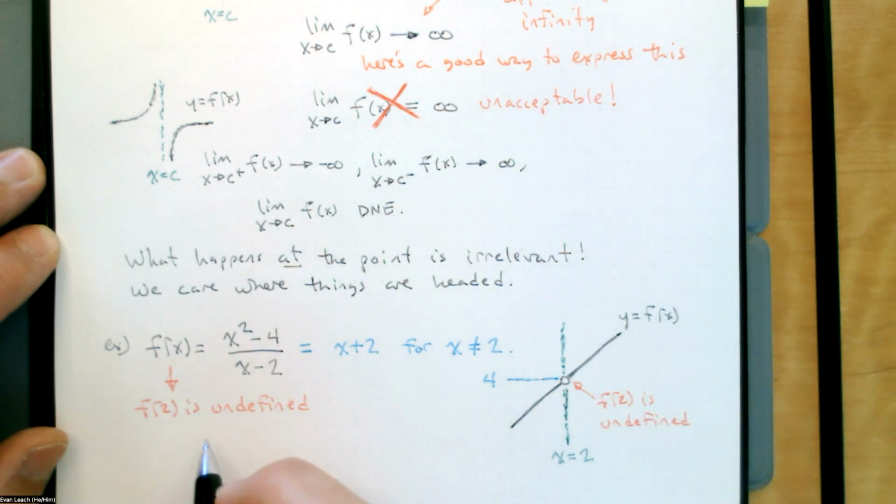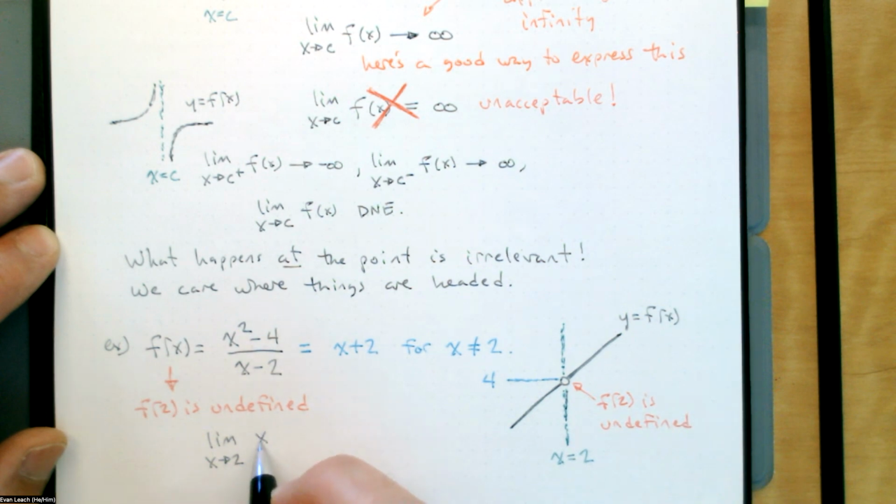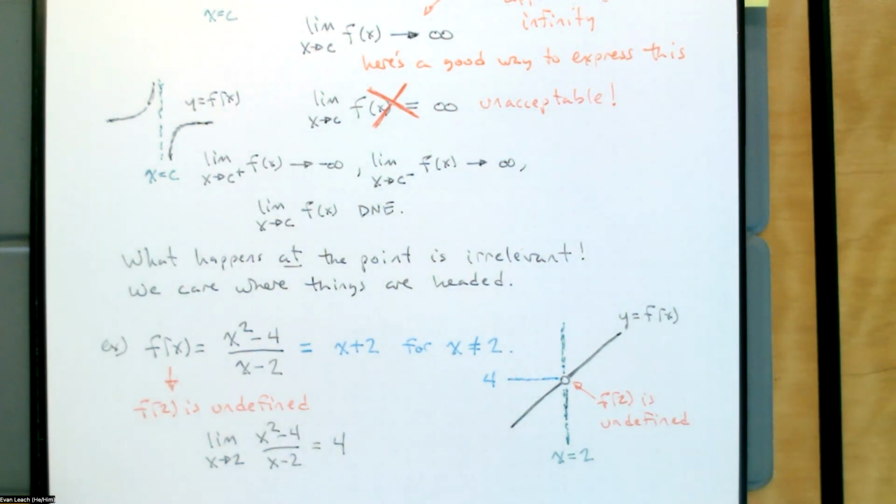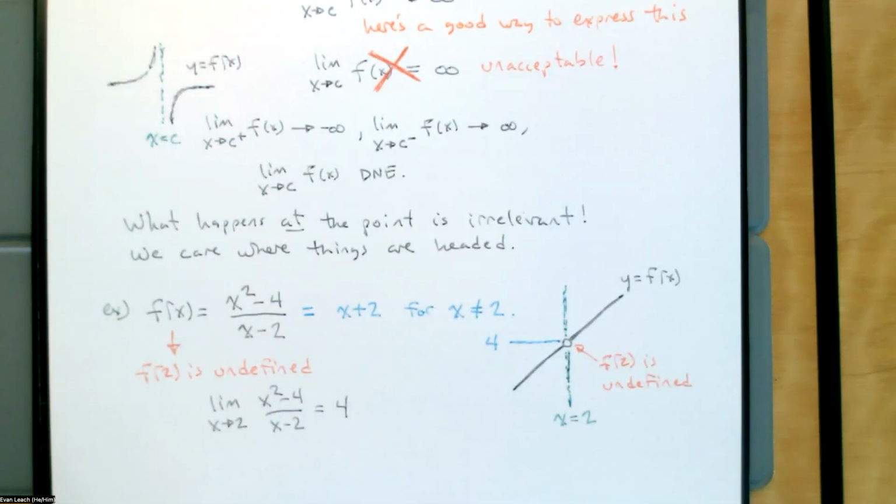So we would say that the limit as x approaches 2 of x squared minus 4 over x minus 2 is equal to 4. The fact that the function is not defined at 2 doesn't matter. The function is approaching 4 as x approaches 2.